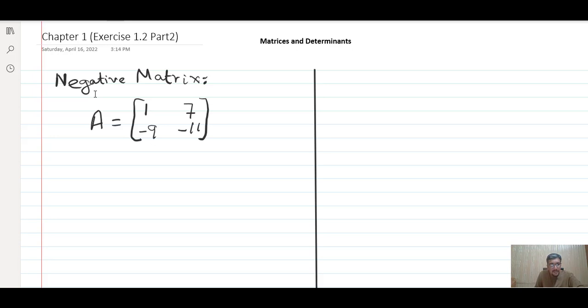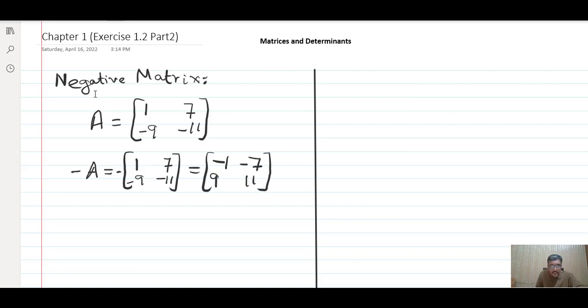In other words, if we multiply minus with this matrix A, the signs will be changed, and it will be known as the negative matrix. It will become minus 1, minus 7, plus 9 and plus 11.